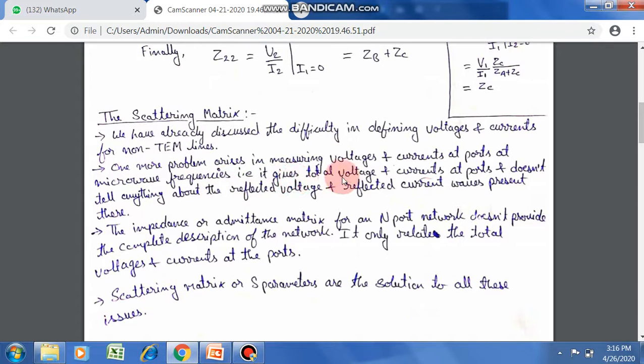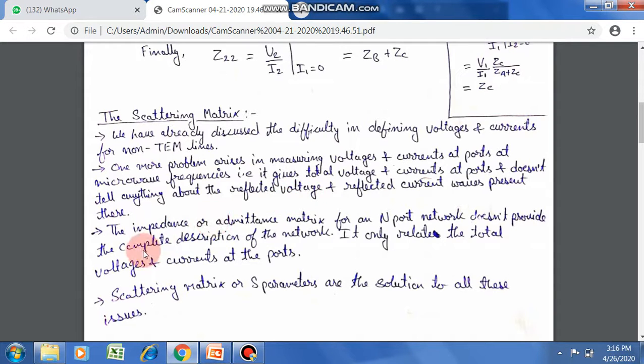Whatever voltage and current you are getting in Z parameter or Y parameter is not telling anything about reflected voltage or reflected current, because at microwave frequencies you will have reflected voltages and reflected currents also, but the port voltage is giving total voltages. It is not telling anything about this.